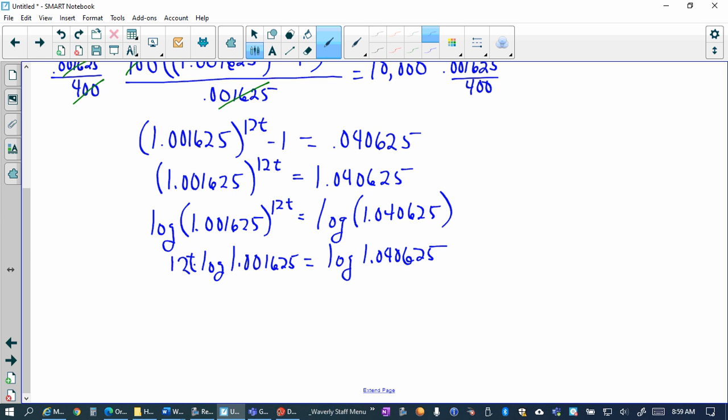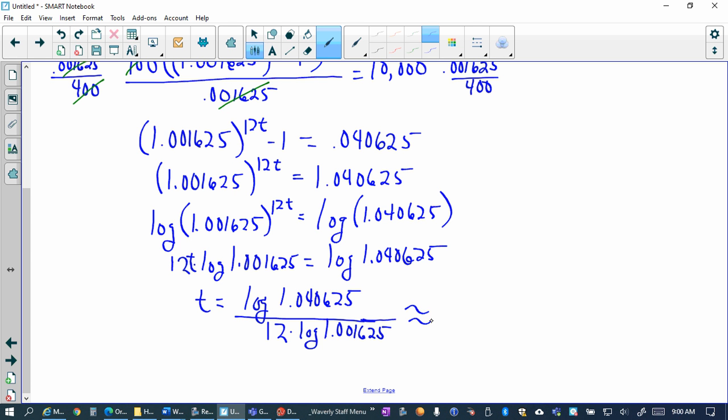So we'd have t will equal log 1.040625 divided by 12 times log 1.001625. And we can carefully put this into our calculator, and it'll tell us how long it will take.